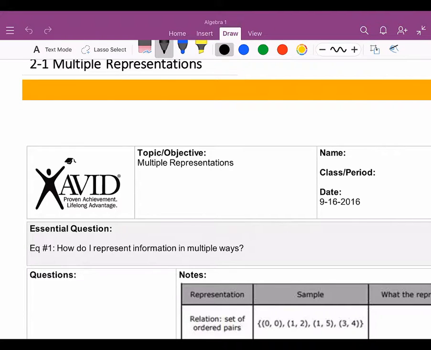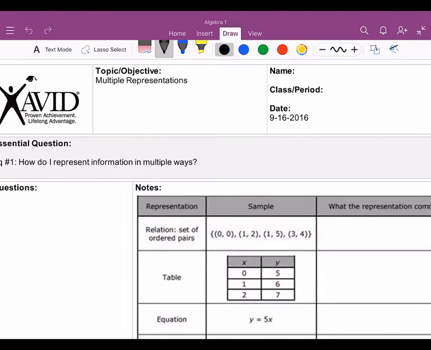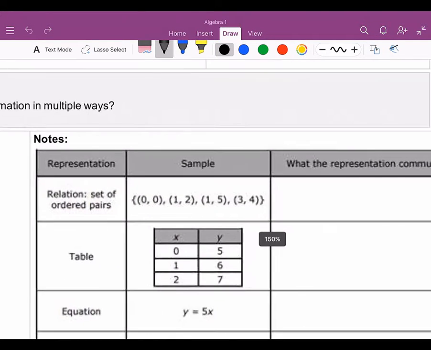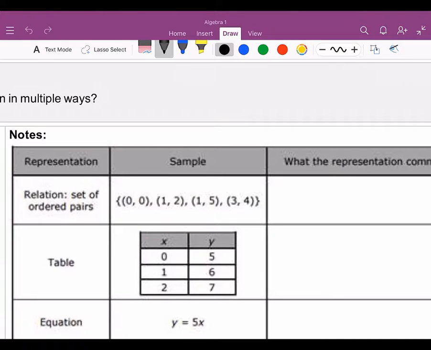So if you were in class, you would have noticed that we did the 4 scenarios and the different ways to represent information. Just like how you have a mom, but she's not just your mom. She could be somebody's sister, somebody's daughter, somebody's granddaughter, and so on. There are multiple ways to call the same person, right?